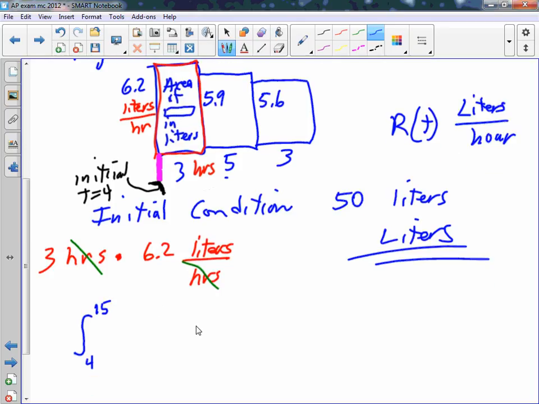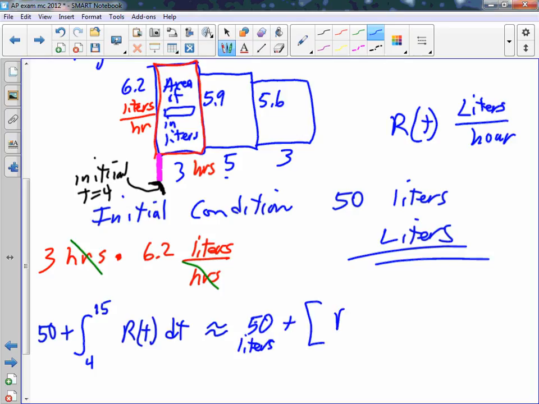Okay, we're doing the integral from 4 to 15 of r of t dt, really, but we don't need all that because it's approximately 50, the initial condition in liters, plus whatever our Riemann sum is.